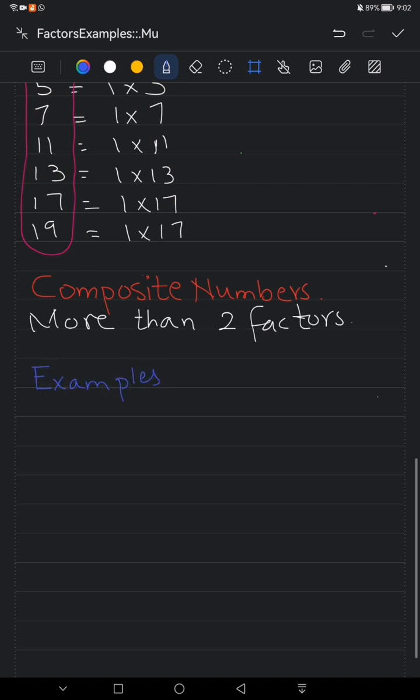Let's see some examples. Let's take a very small number like 6. I get 6 when I multiply 1 by 6. I can also get 6 when I multiply 2 by 3.